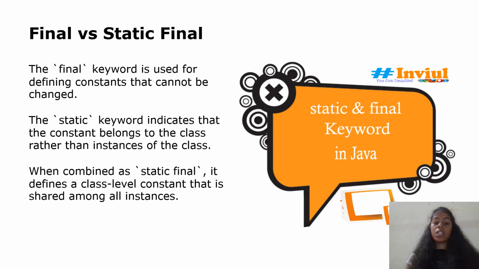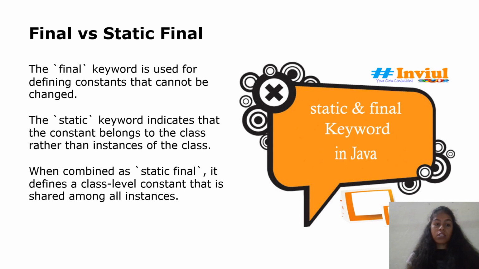The final keyword is used for defining constants that cannot be changed. The static keyword indicates that the constant belongs to the class rather than an instance of the class. When combined, static final defines a class-level constant that is shared among all instances.